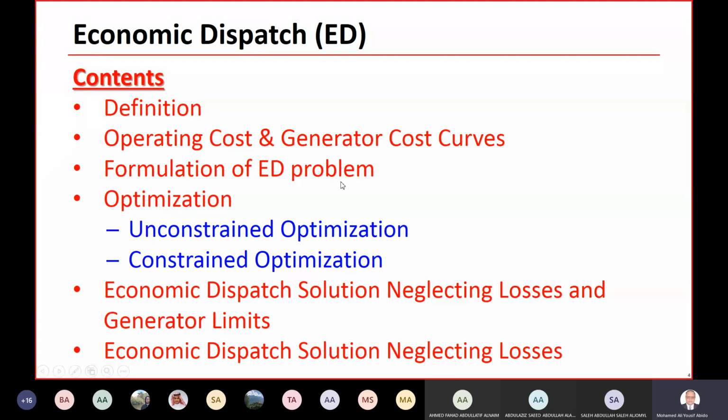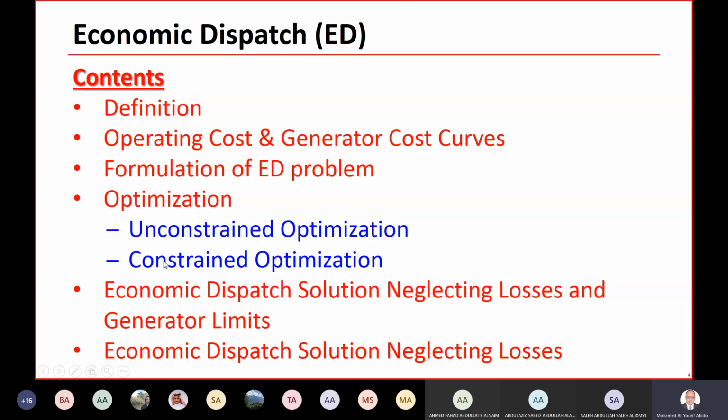So formulation of the economic dispatch problem, we will formulate it as an optimization problem, and briefly we will cover the operation optimization.